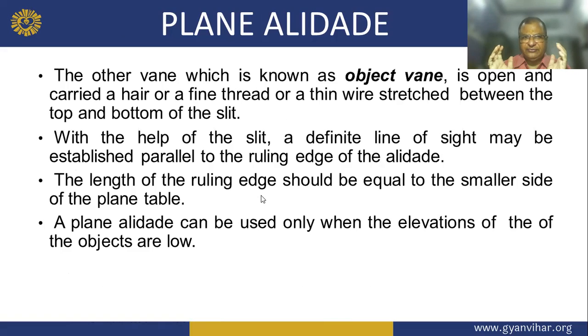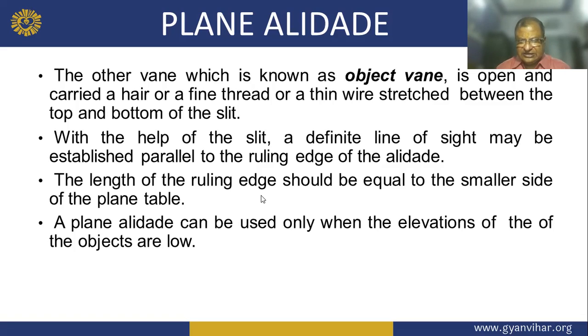The other vane, known as the object vane, is open and carries a fine thread or thin wire stretched between the top and bottom.